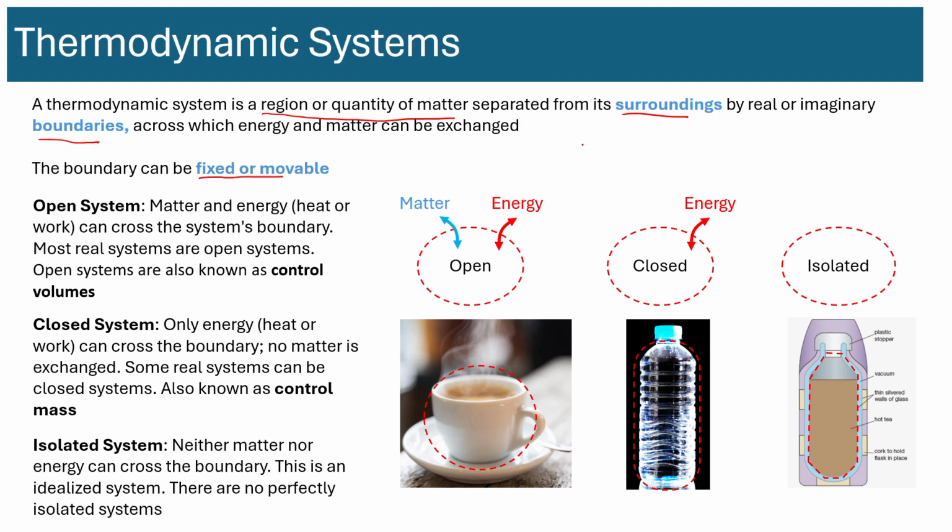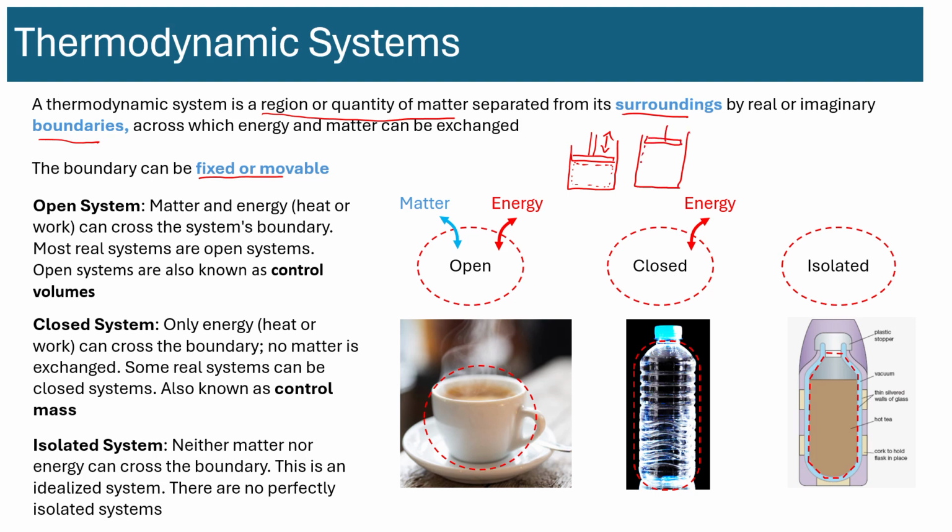So if you consider a piston cylinder system, the piston is movable in this direction. You could have a system defined inside the cylinder, and that could move according to the position of the piston.